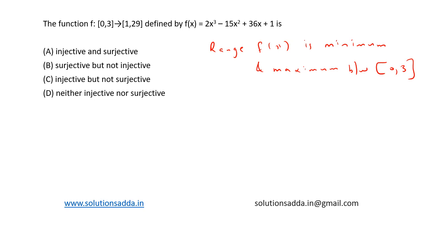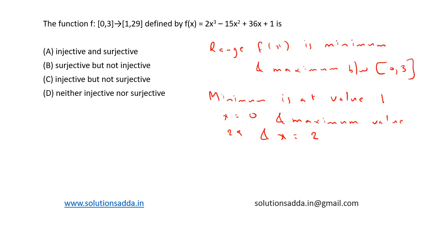The minimum value is 1 at x equal to 0, and the maximum value is 29 at x equal to 2. Therefore, the range of f of x is 1 to 29.